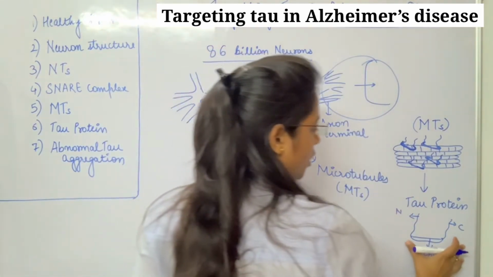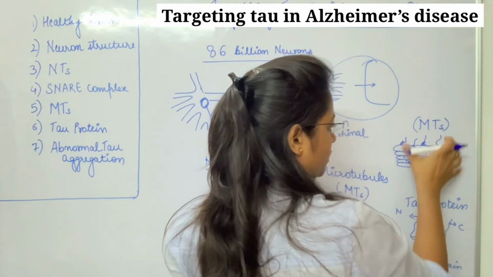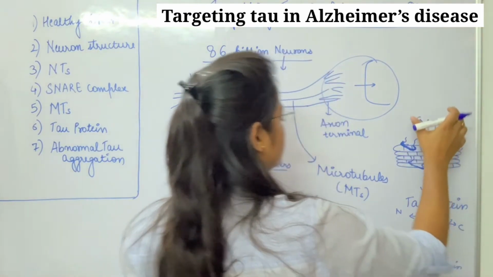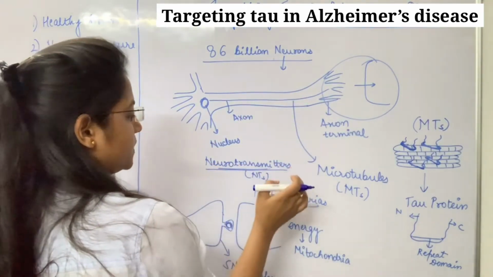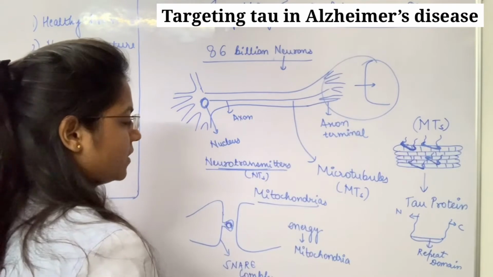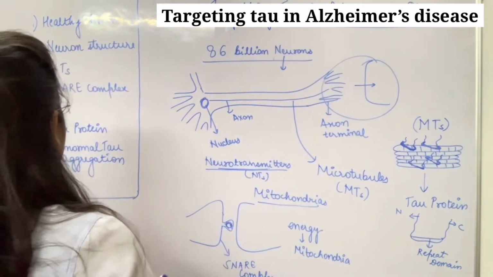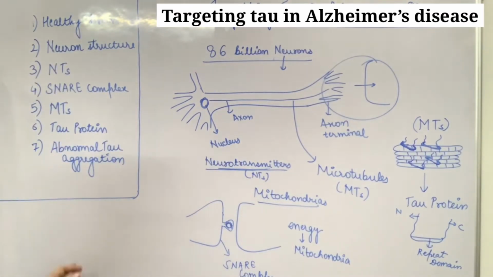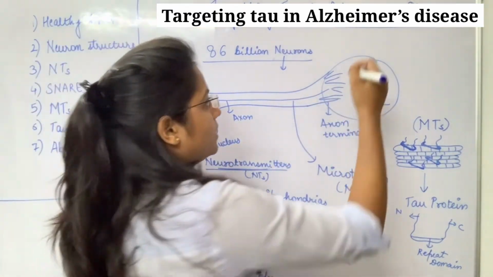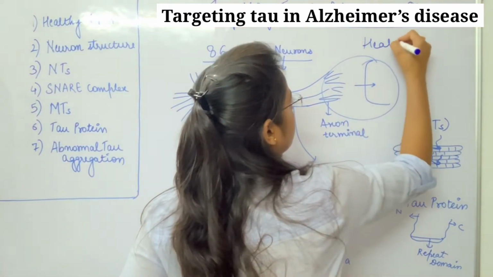So these are the tau proteins which are present on microtubules. They provide support to these microtubules, and these microtubules are used for neurotransmitter transferring, and mitochondria are also transferred via the same route. Now next we'll be studying abnormal tau aggregation, since this all was in a healthy brain.